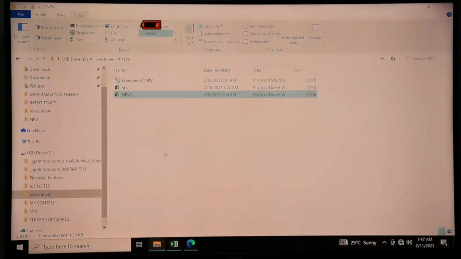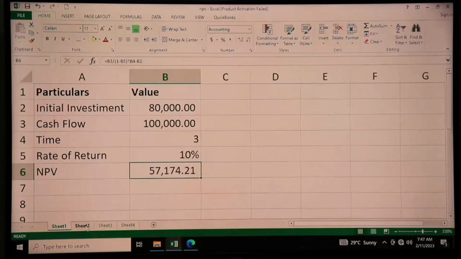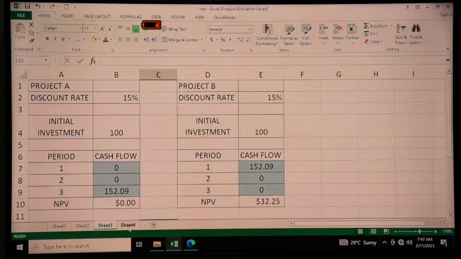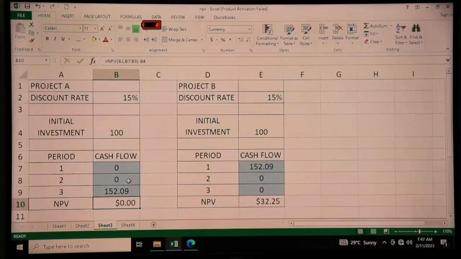There is that Excel worksheet I sent you, or let me send it again. Probably you don't have it. If you have this example, you can just open it. If you don't have it, then I'll have to send it.